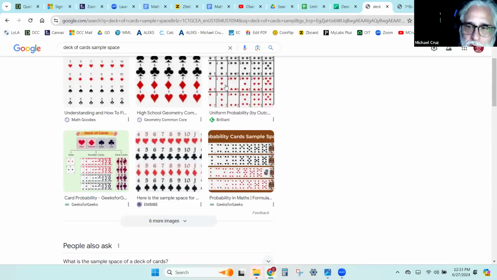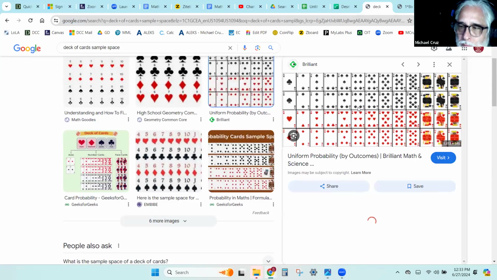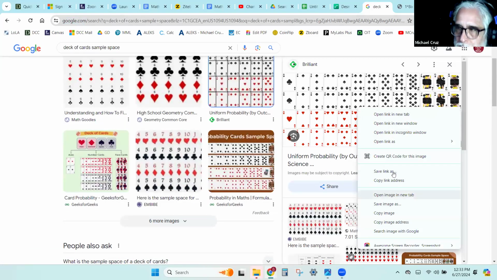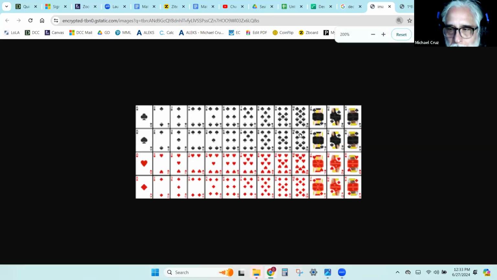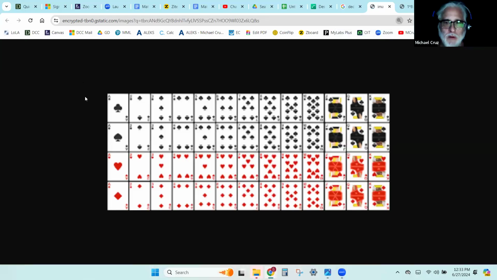So the way the cards work, there's four suits: club, spade, heart, diamond. Two of those, the heart and the diamond, are red.